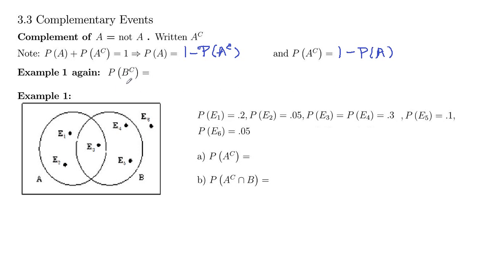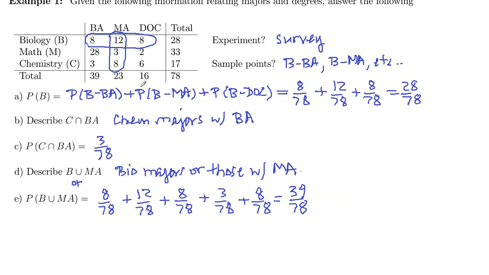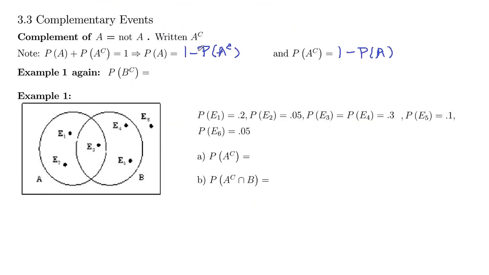So for example, if we look at B complement in example 1 in the previous problem here. B is biology majors. There were 28 biology majors. So B complement is everyone who is not a biology major, which is going to be math or chemistry. So the probability of B complement, we can do 1 minus the probability of B. That's the complement rule.